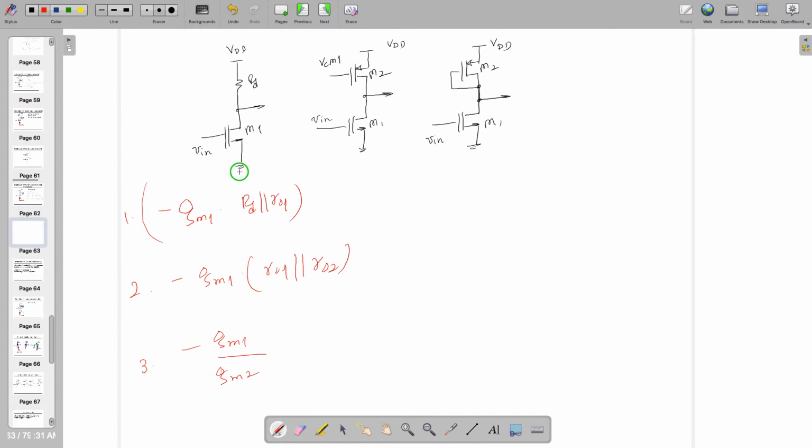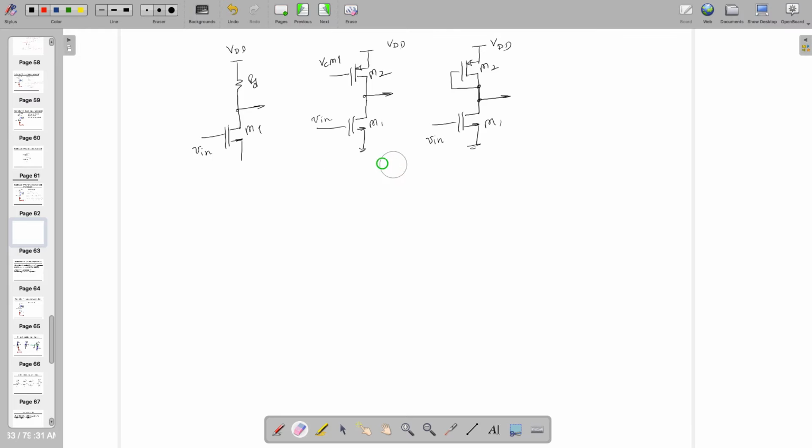But what if I change this one with the source degenerative resistor? So what is the case for the first circuit?